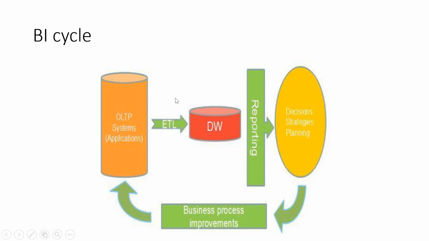It will try to implement every kind of business rule that is required, and at the final stage it will load the data in the data warehouse. Okay, so this is the entire concept of the BI cycle and the scope of data engineers. Okay, moving to the next step.